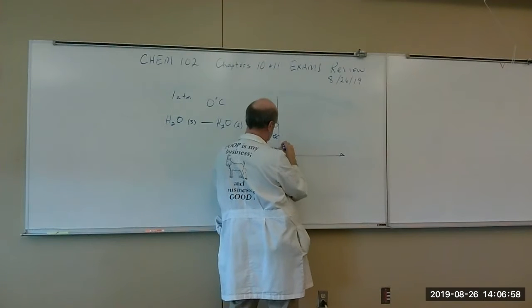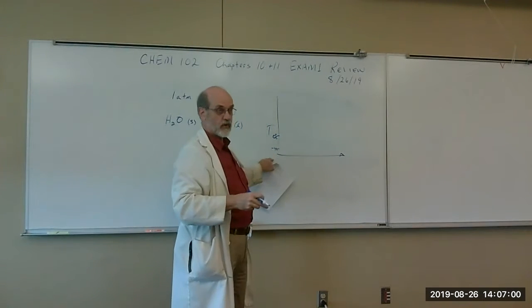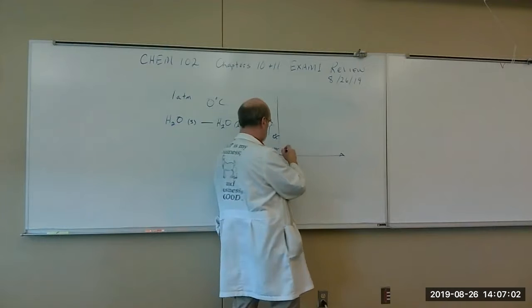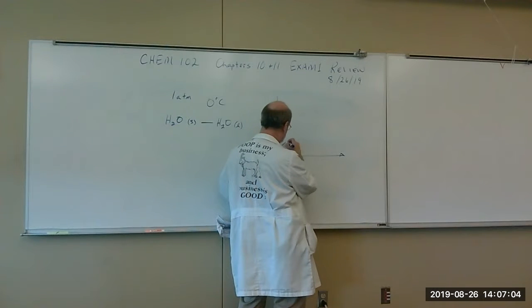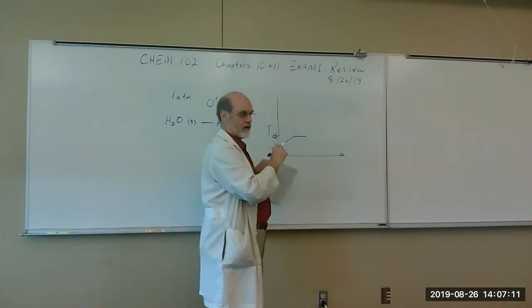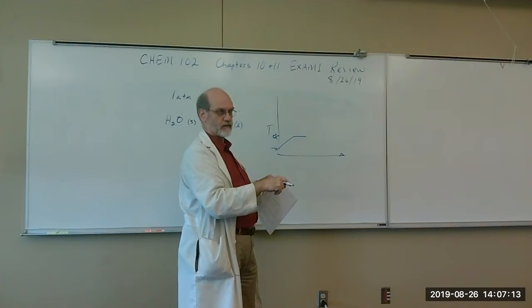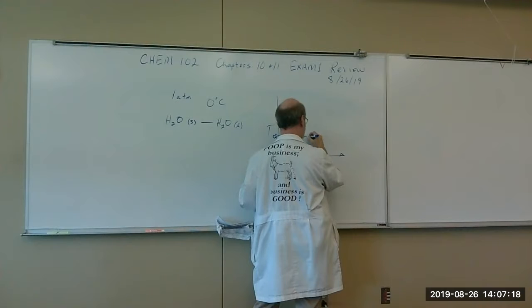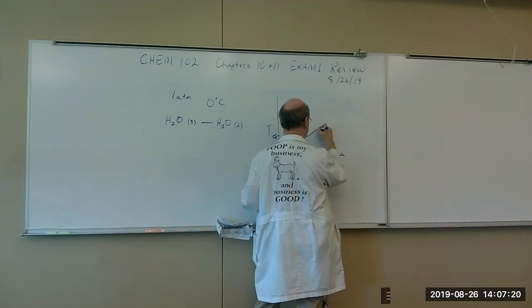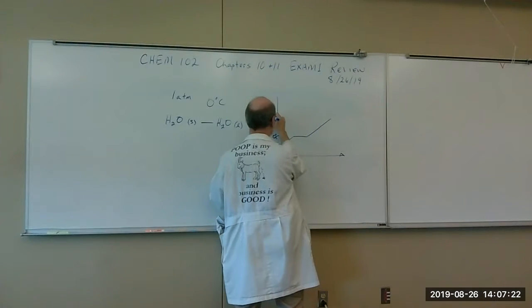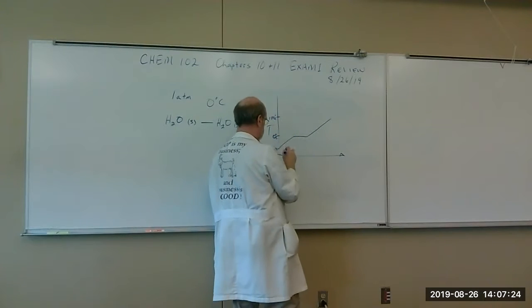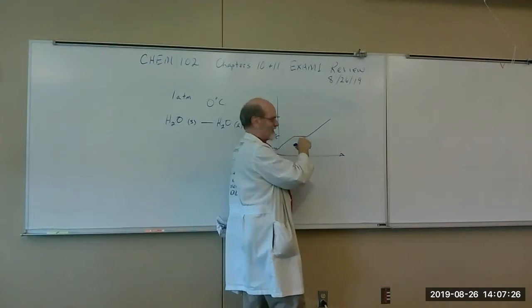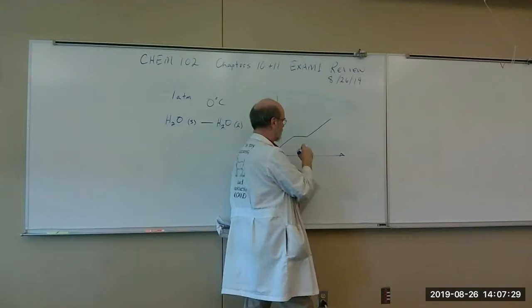We start off here at -40 degrees, the only thing you can have is solid. Once you get up to the melting point, temperature flattens out. It stays there until all the solid is gone. Then once all the solid is gone, it starts going up again. And here it goes up to 100 degrees. That's not to scale. It's close, but not exact.